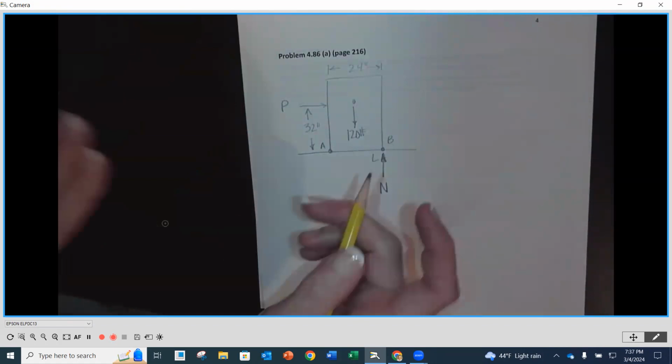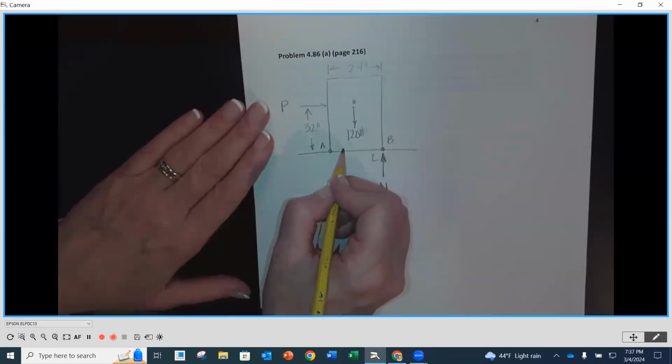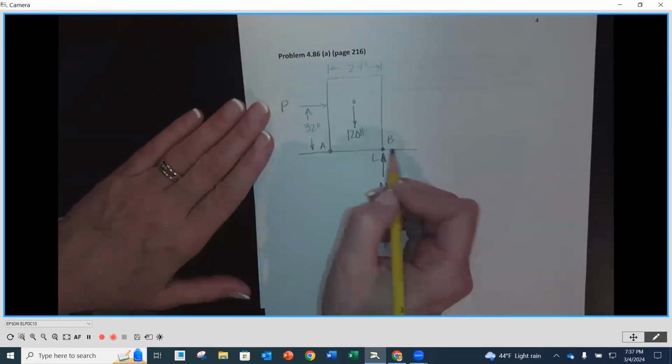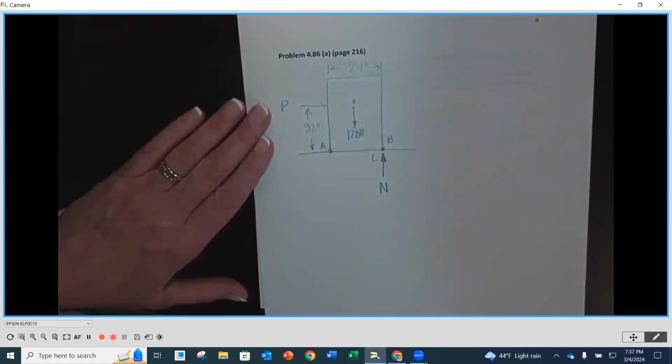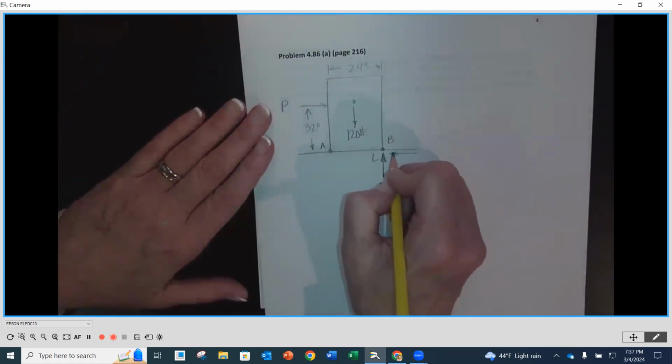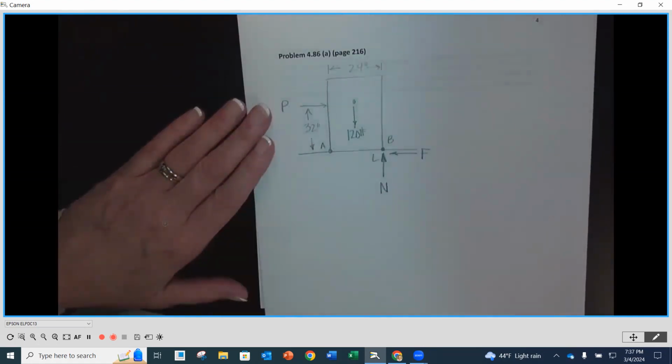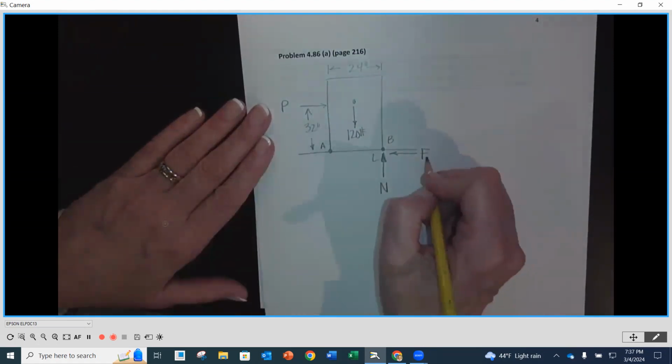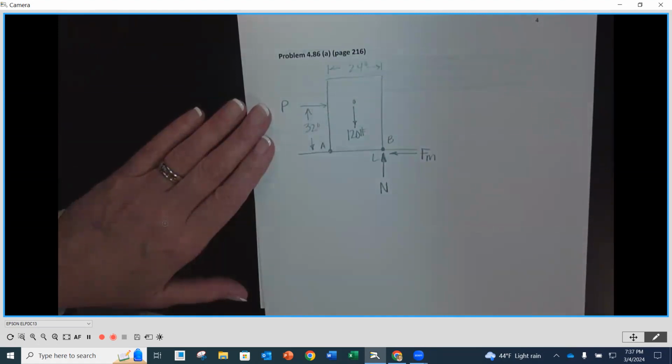It's kind of like this ends up coming up off the floor just a little bit, and all the force is at that front corner right before it starts, for instance, tipping over. Then we know that our friction force F is going to be there. And it's going to be the maximum value of the friction force because it's going to be right before it maybe tips over.